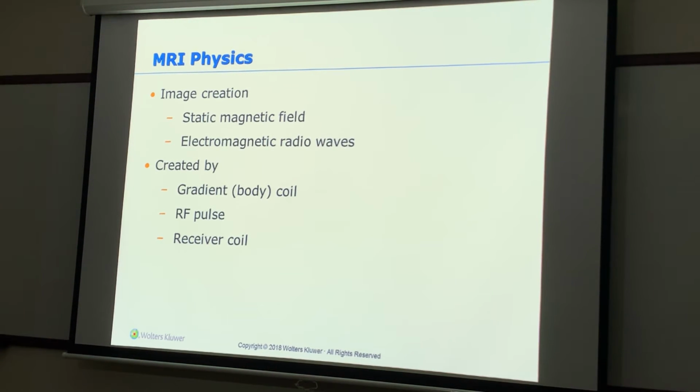Those coils or those machines go according to the intensity of the magnet. And that is described by Tesla. Just like Tesla the car. Like what we have in Harris Health, those are Tesla 3s.